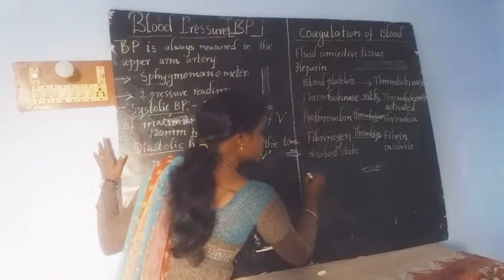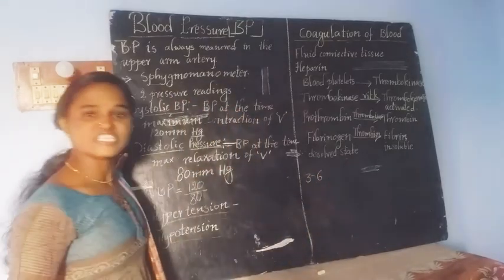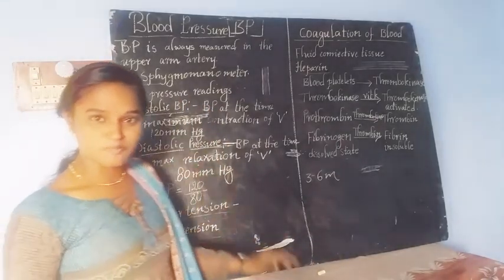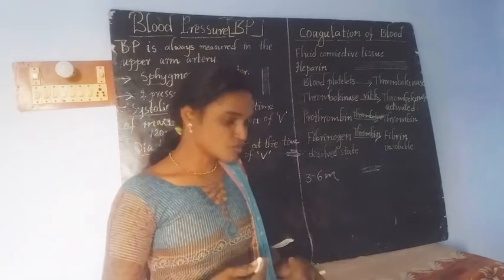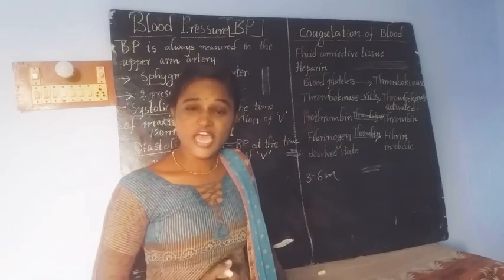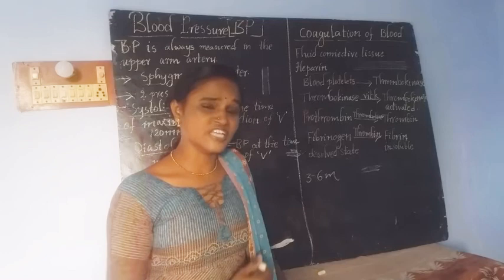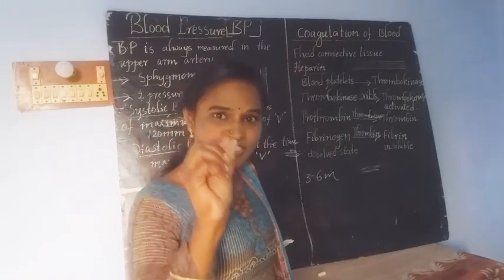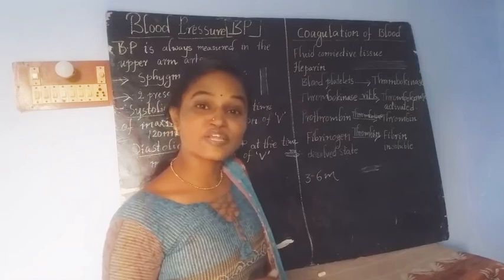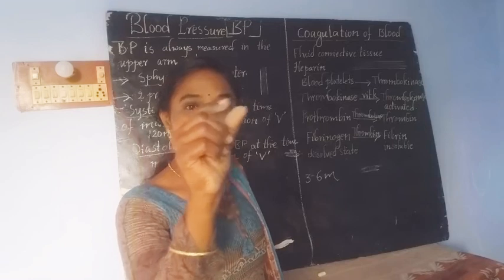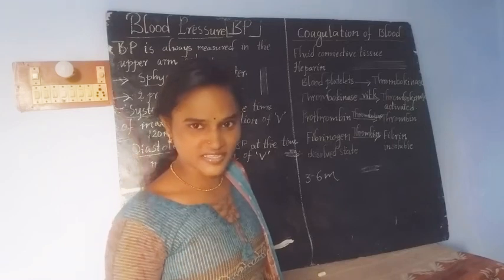Within 3 to 6 minutes, the blood stops flowing out of our body. Near the cut, we are able to find a solid substance. That solid is called a blood clot, and that blood clot prevents the flow of blood from our body.